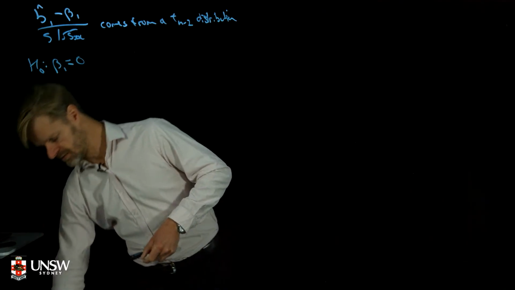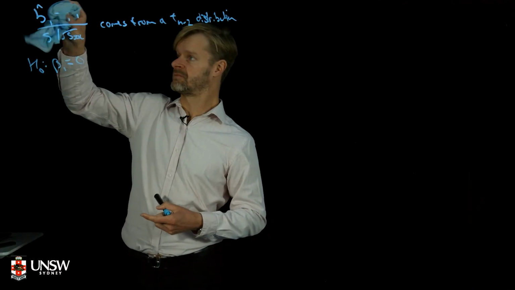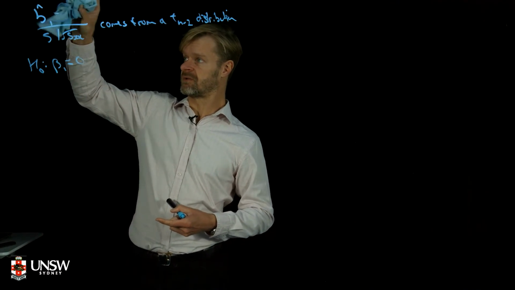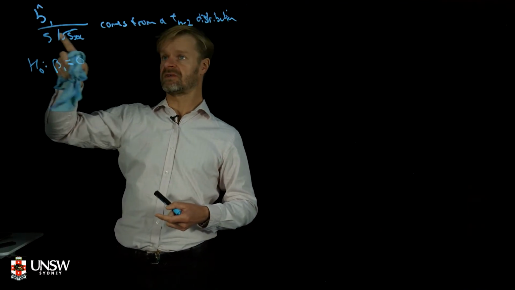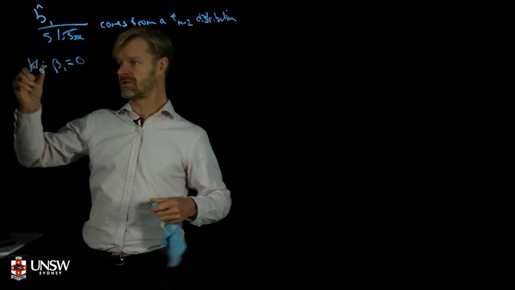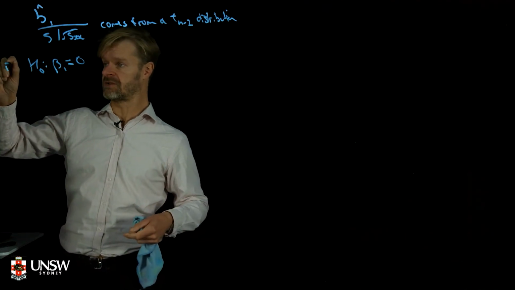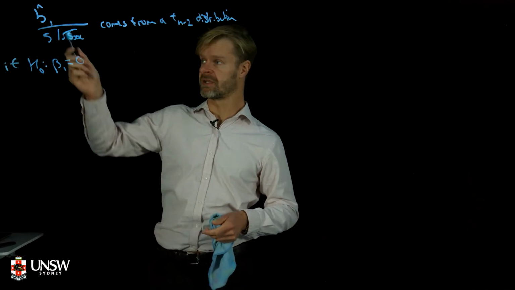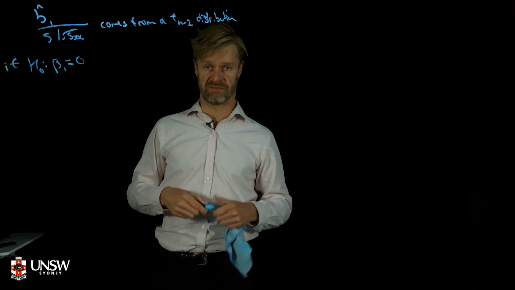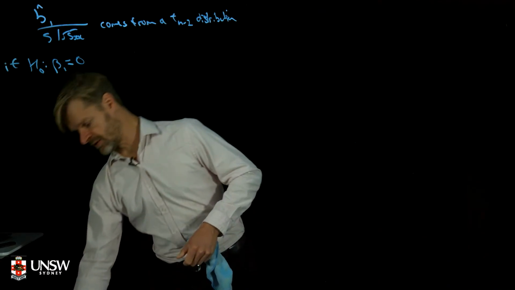We can just say, if beta 1 is equal to 0, then we're subtracting 0 on the top there. This statistic here comes from a t n minus 2 distribution if the true slope is 0. So now we've got a statistic we can use to test the hypothesis that the true slope is 0.